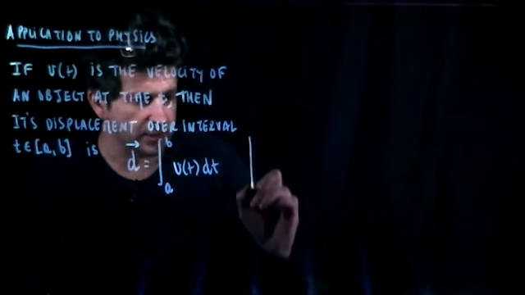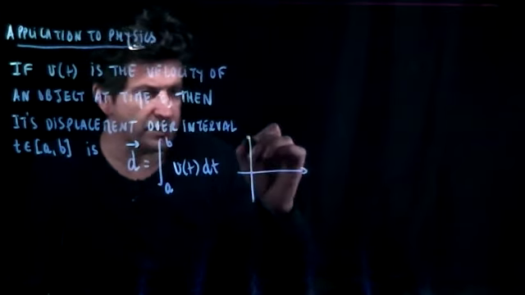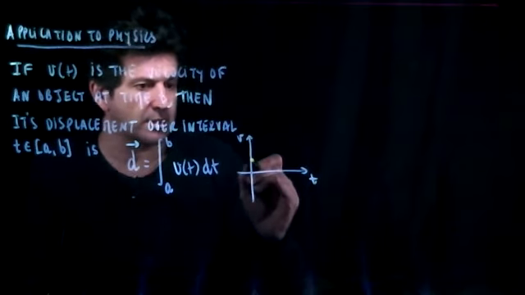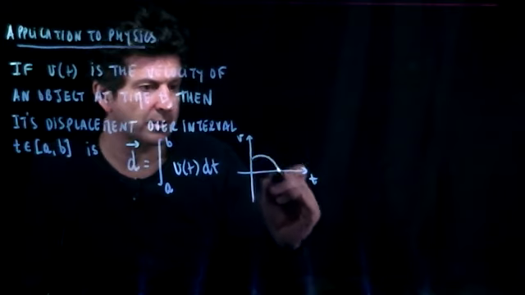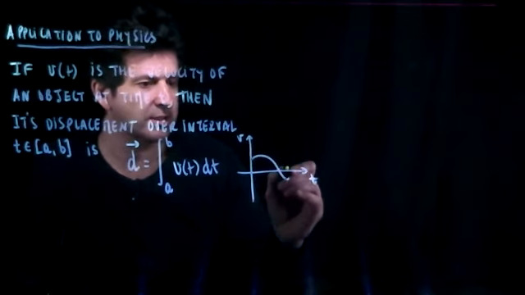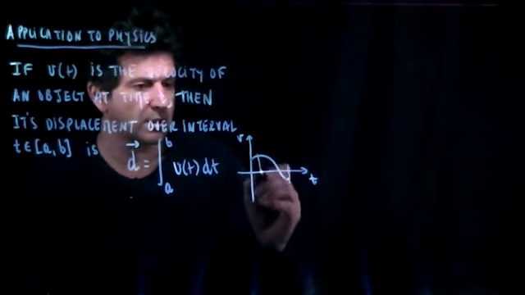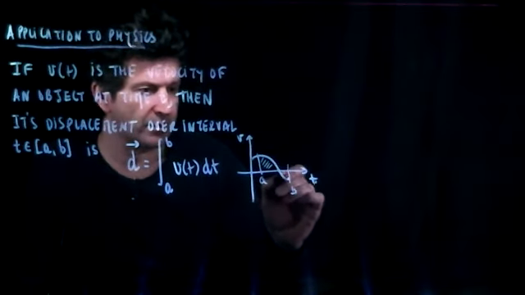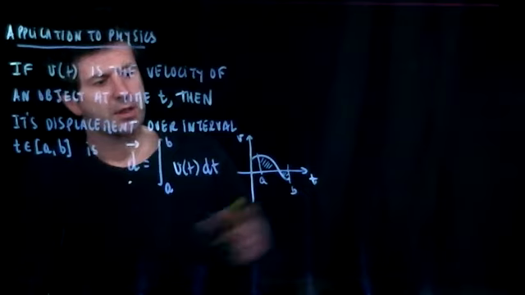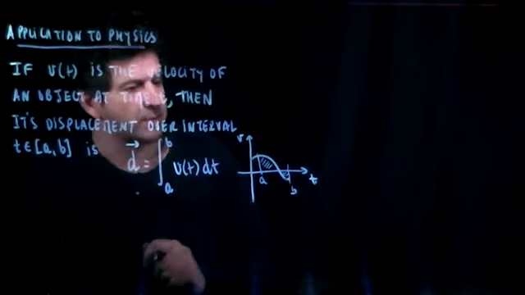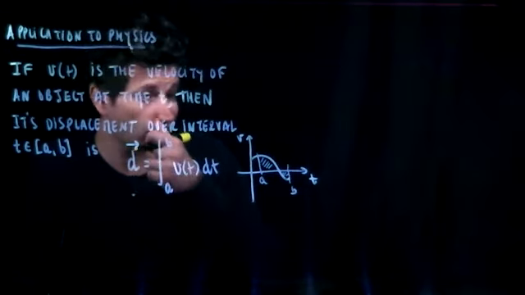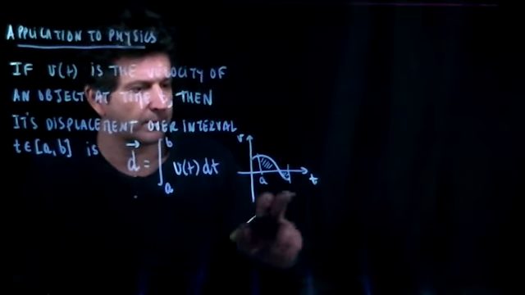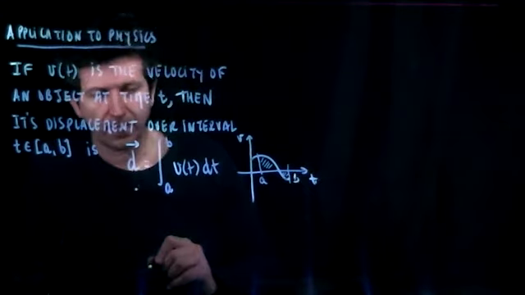You probably learned this, that if this is the velocity-time graph, and let's say it's something like this, then from a to b you would find the area here, and the area would give you the exact displacement from time a to time b. Clear?